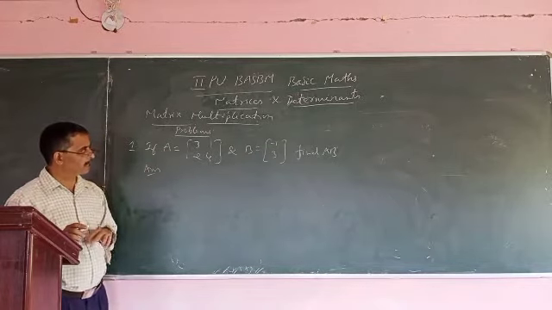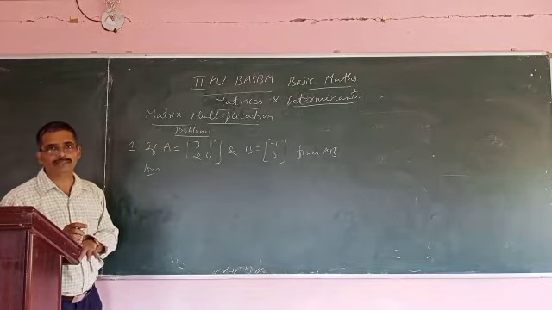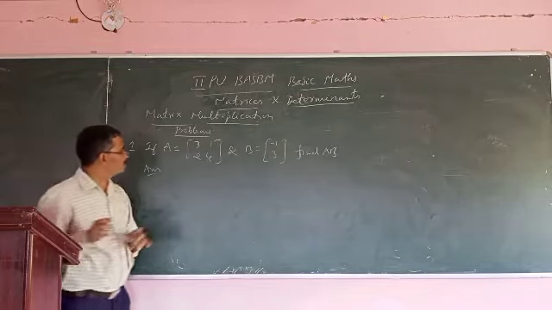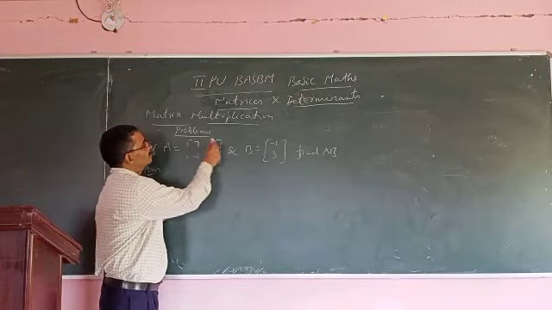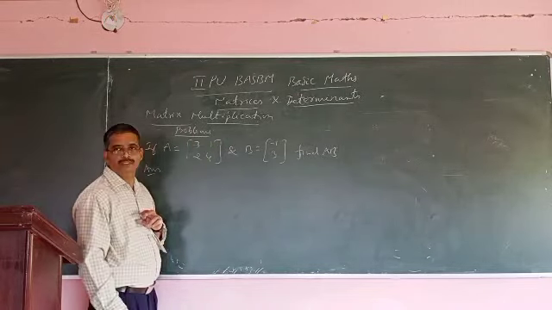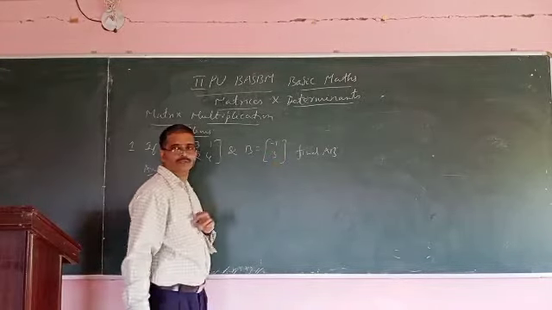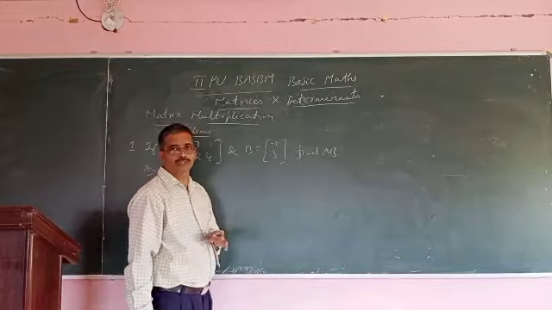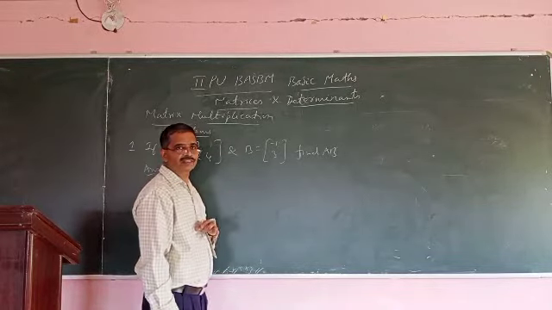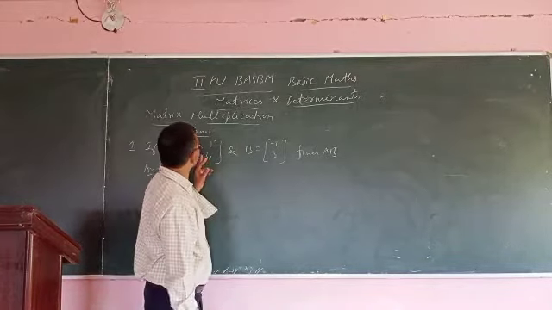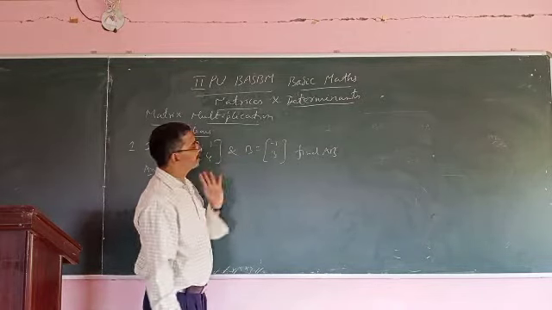Listen carefully. How is multiplication done? Take the first row and multiply it with this column. Only one column here. You will see two-column matrices or three-column matrices later.